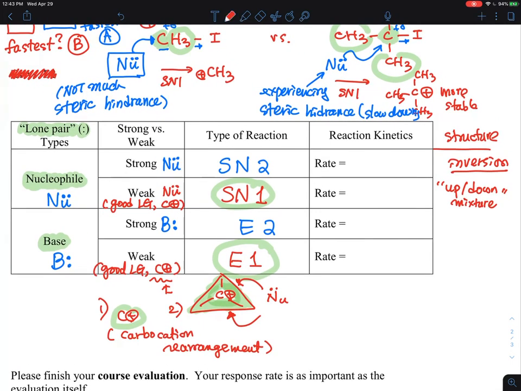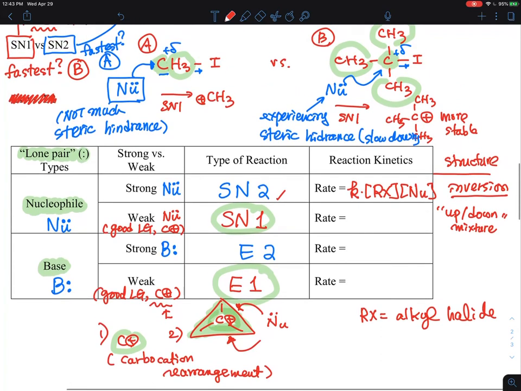This is a reaction kinetics because it's bimolecular. Once you figure that out, this is an SN2, the reaction rate depends on Rx and Nu. Okay, those two compounds have to collide with each other, so the rate depends on both concentrations, where the Rx is essentially alkyl halide, just like I showed up here, right?